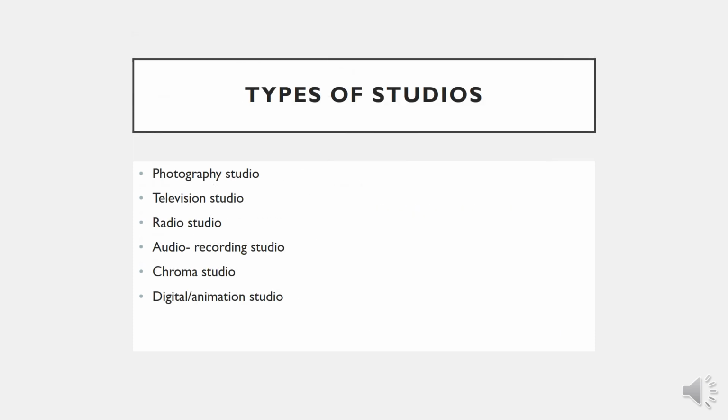The types of studio, we have the photographic studio, we have the television studio, radio studio, audio recording studio, chroma studio, digital and animation kind of studio. It's important for students to know the differences, the different types of studio and what they are used for.